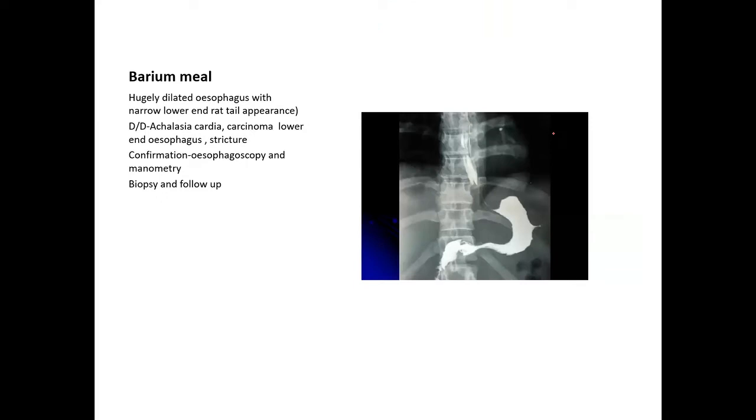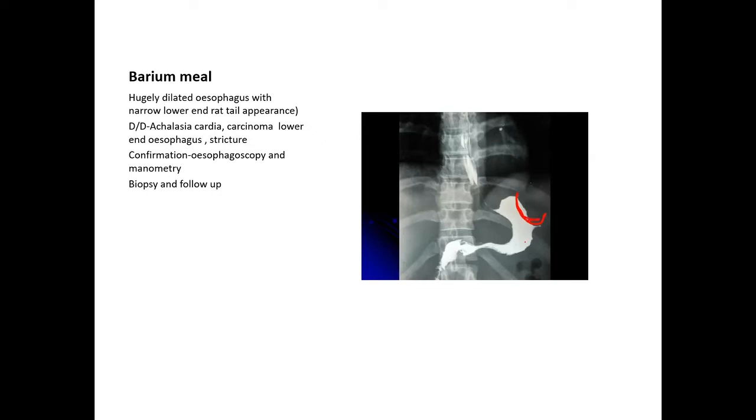Now, barium meal. Barium meal, as we mentioned, outlines the stomach, and it is also indicated in patients with gastric outlet obstruction, okay, gastric tumors, and you see a filling defect within the stomach.